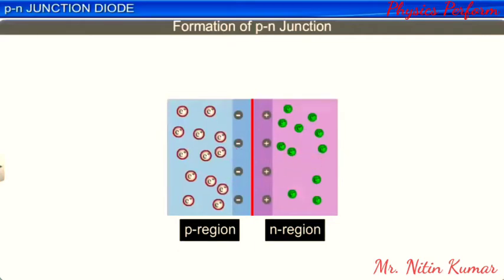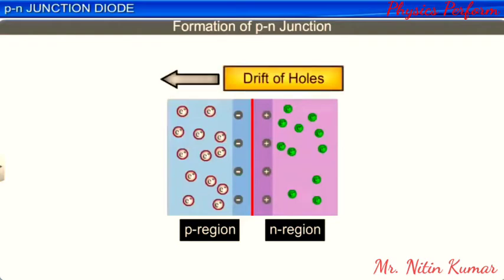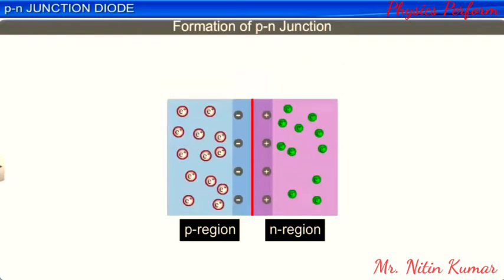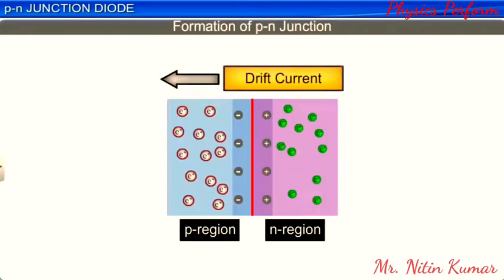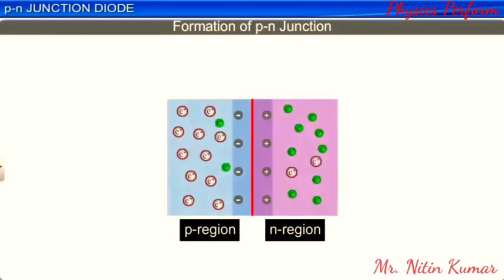This drift of minority charge carriers across the p-n junction creates a drift current that is directed from the n region towards the p region of the semiconductor. Thus, we observed that the diffusion current and the drift current across a p-n junction are opposite in direction.